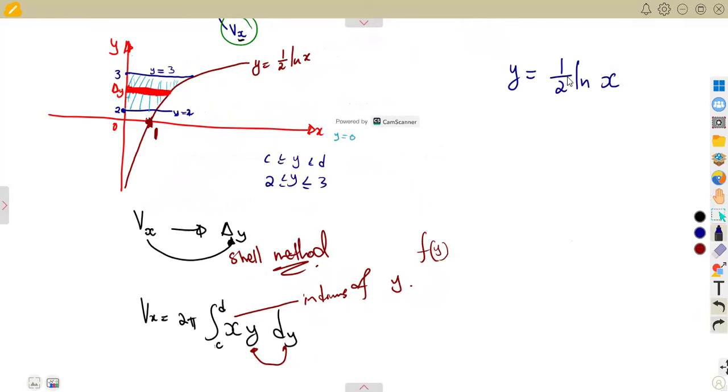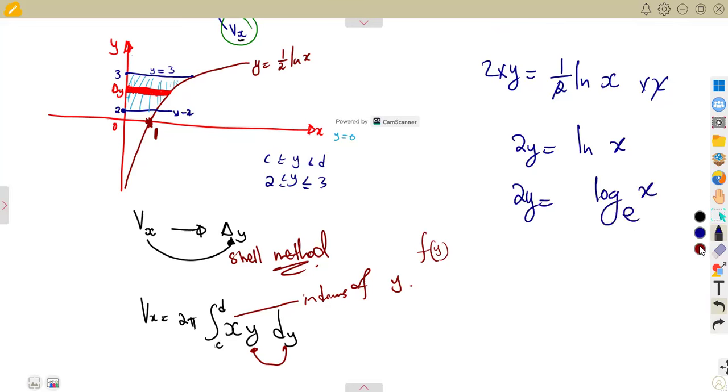So what can we do? We can remove the half by multiplying by 2. So 2y is equal to the ln of x. Remember, I say the ln of x is the same as the logarithm of x in base e.